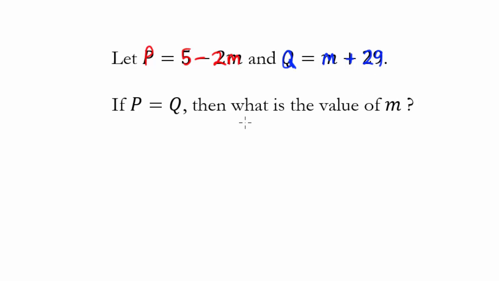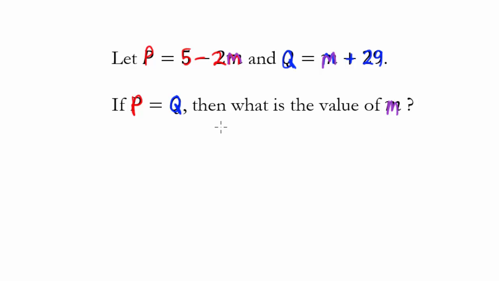If p equals q, then what is the value of m? There's a lot going on in this problem. However, the question is really saying that if this is the same as this, and this is the same as this, then what is m? Solve for m. What does m equal?